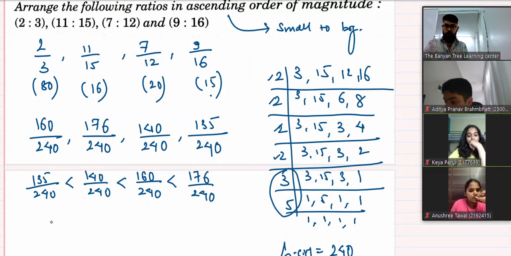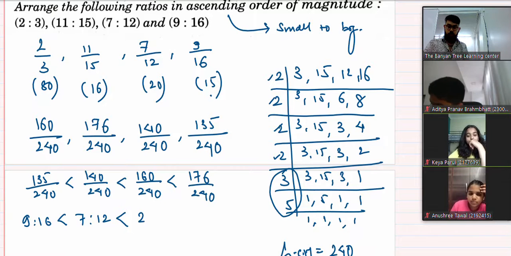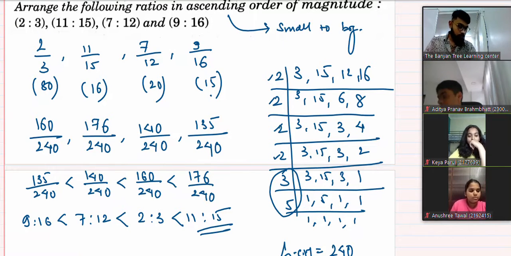Now 135 by 240 is 9 is to 16. 140 by 240 is 7 is to 12. Then 160 by 240 is 2 is to 3, and 176 by 240 is 11 is to 15. And that is how you arrange all of them in ascending order.